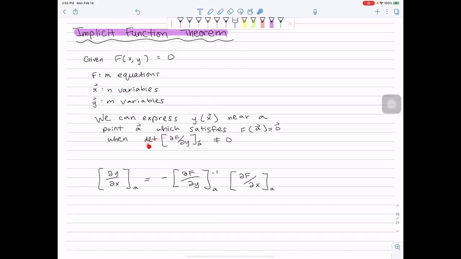But that only happens when the determinant is not 0. So we've noticed a trend that we keep needing things to be invertible for things to work out nicely. And this is our equation for the implicit function theorem.